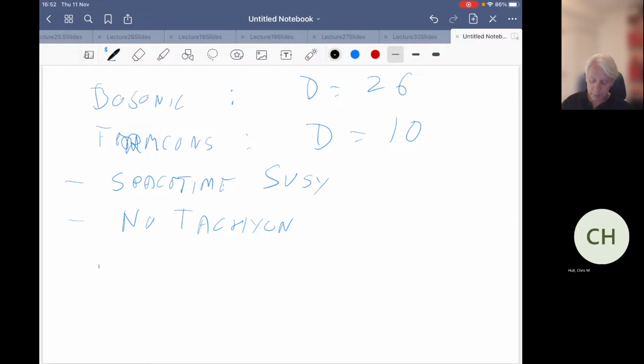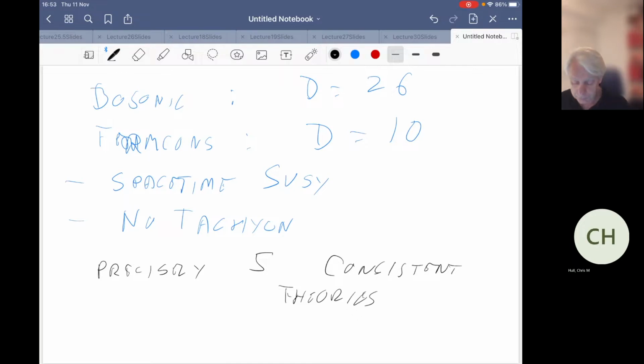And rather remarkably, there are precisely 5 consistent theories which arise in this way, each of which looks different.